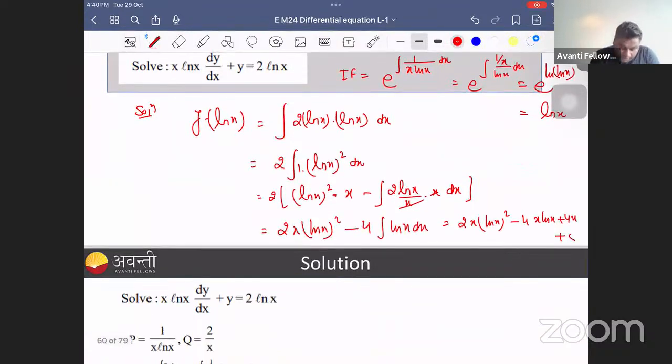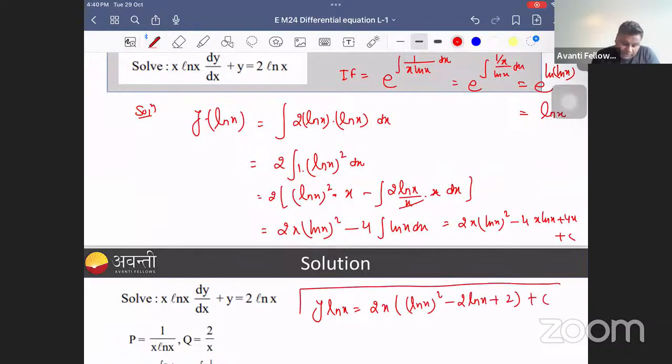Y ln x equals, taking 2x common, ln x whole square minus 2 ln x plus 2, plus constant. This is your general solution of this differential equation.